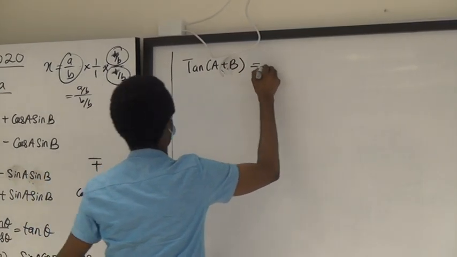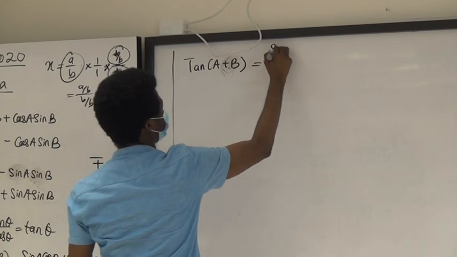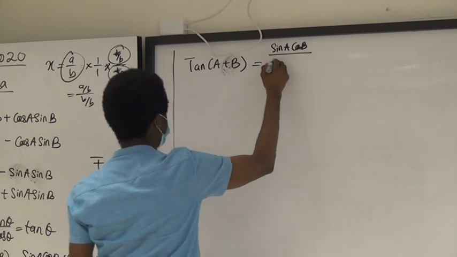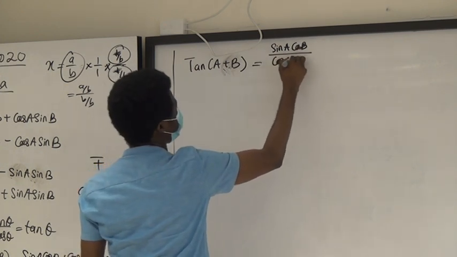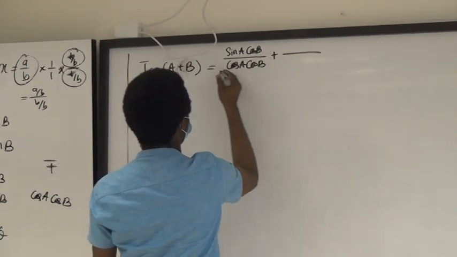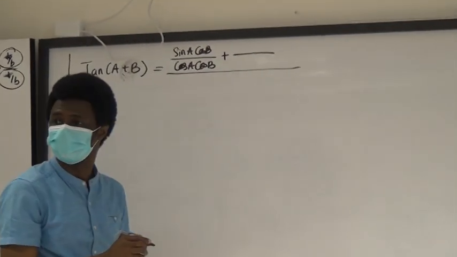equals to, what does the first one become? Sine A cos B divided by cos A cos B. Then plus the second one, we are still at the numerator. Understood?